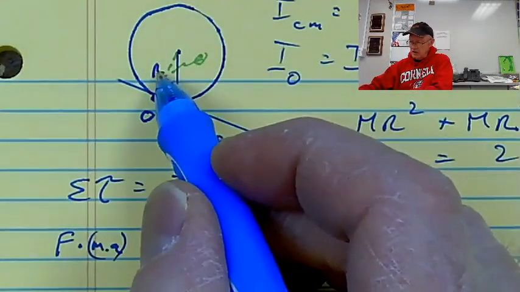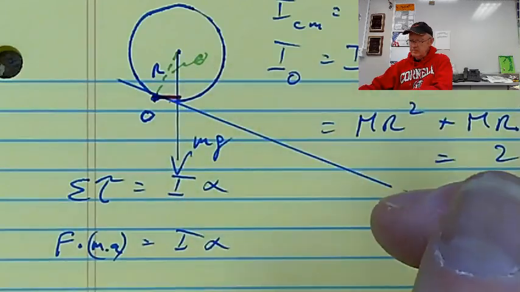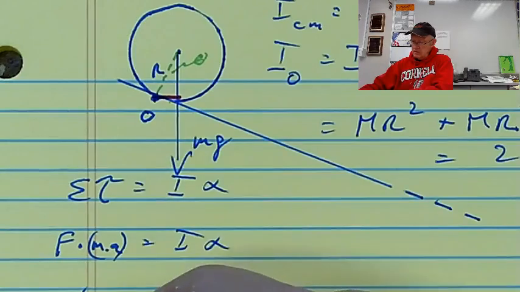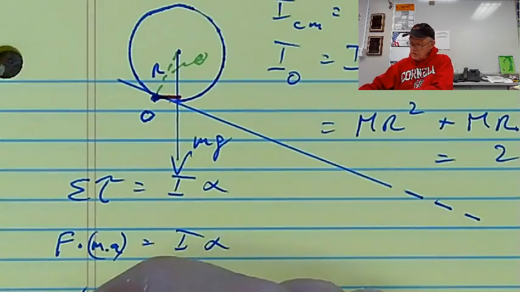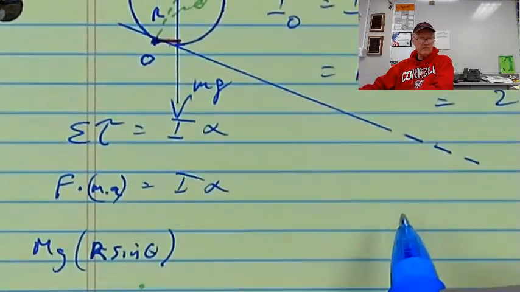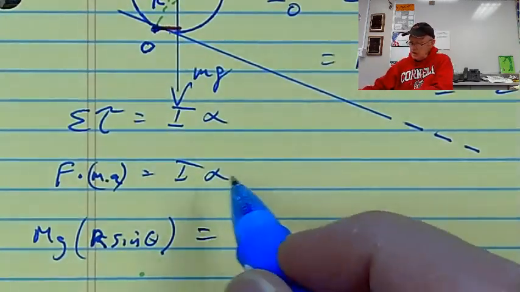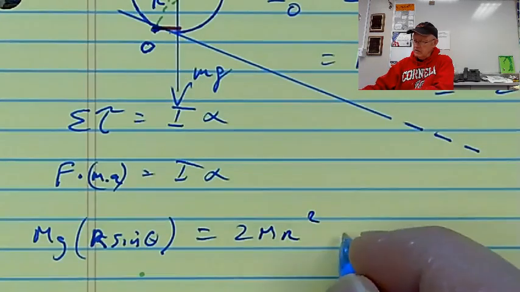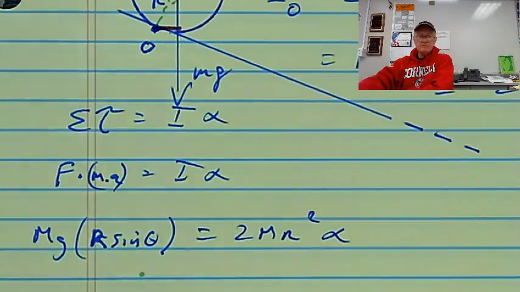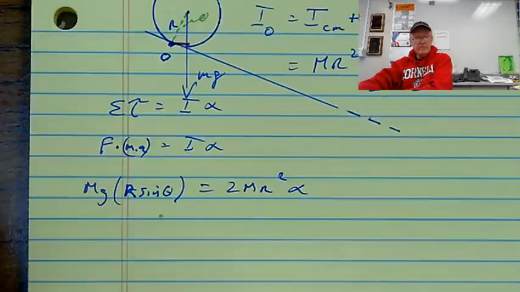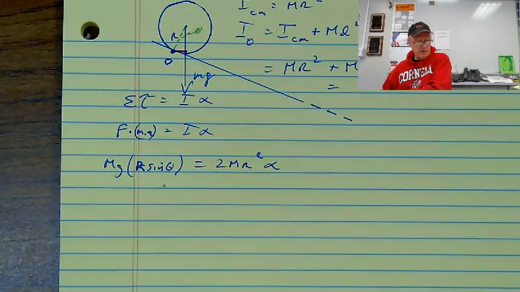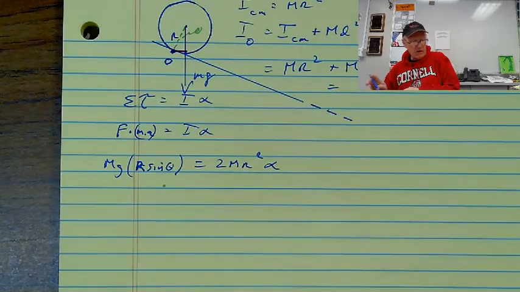So that little component there is r sine theta. That is our, capital R sine theta, is equal to I, which is 2mr squared, 2mr squared times alpha. Right. So this is another approach, and it looks to me like we can start some cleanup here. Make sure I haven't left anything off the table that should be there. I think I'm okay so far. RMG, 2mr squared.